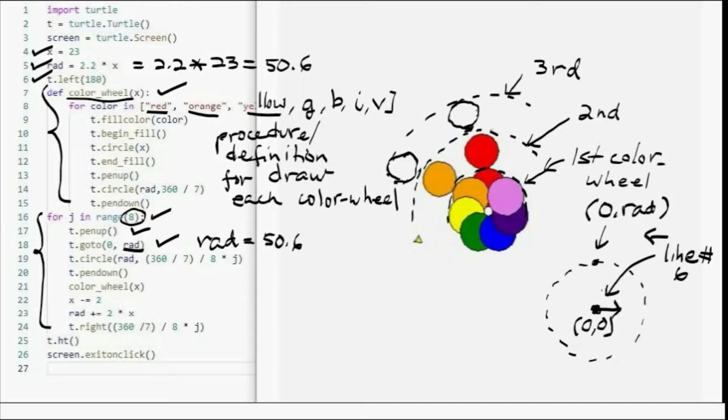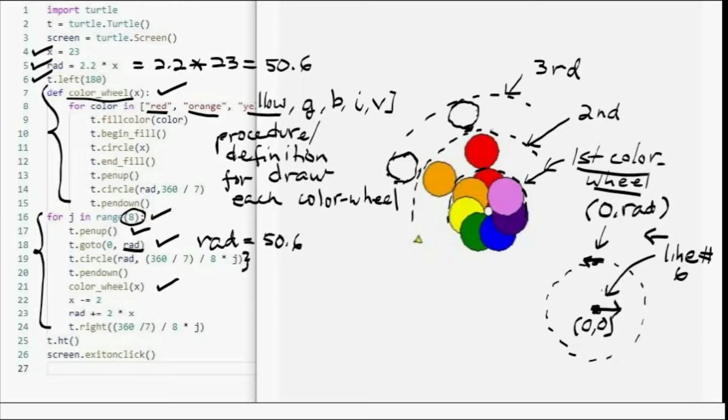Now, since the orientation of our turtle is like this, then I can start the small circles inside the first color wheel. In that case, I have to call in the color wheel function. I will go back to this command here later on.